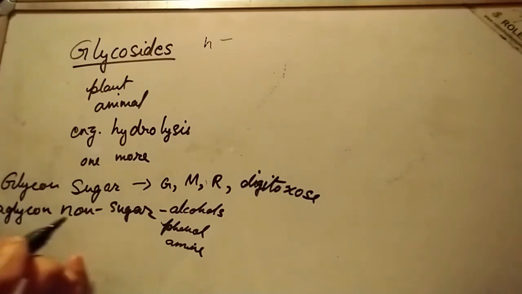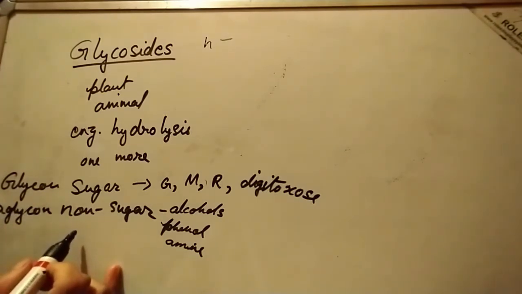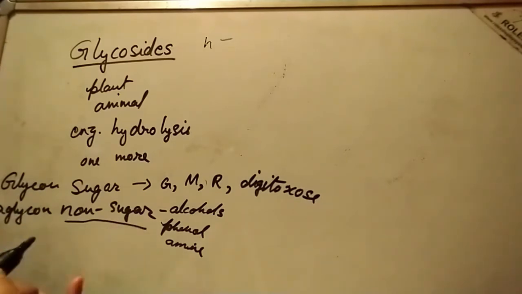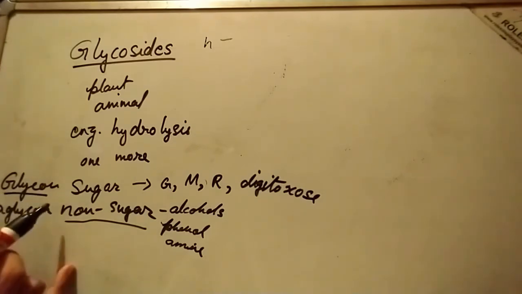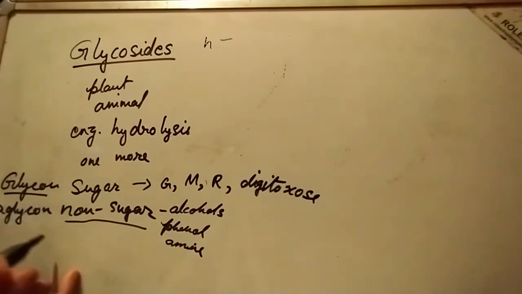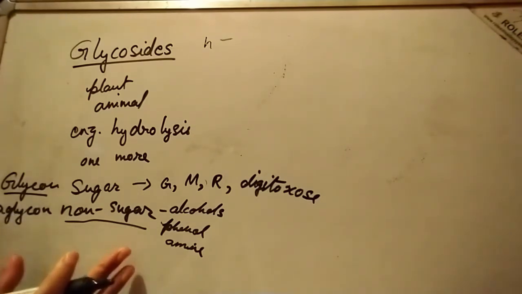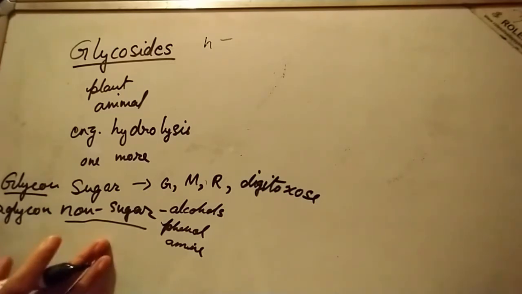The activity of a glycoside is due to the non-sugar part, whereas the sugar part plays a role in other properties of glycosides like absorption, metabolism, distribution and excretion.